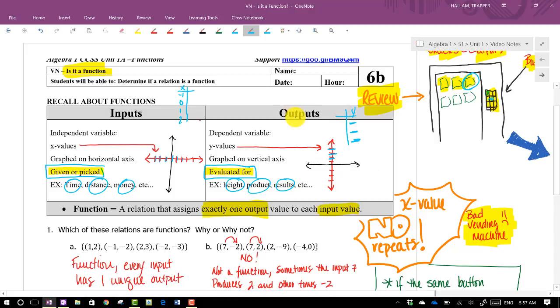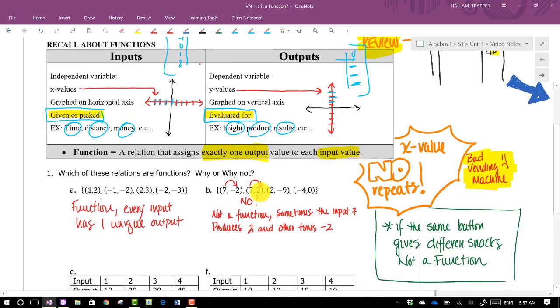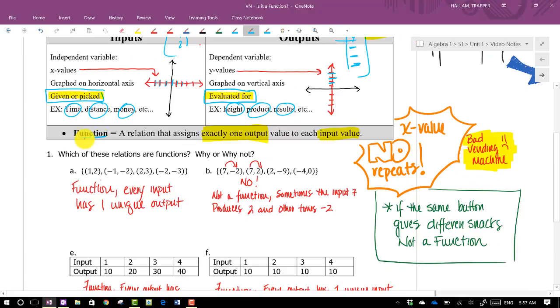Now that we understand what things are going into our function and what things are coming out and what they mean, you can see that we can make a table from them if we combine the two, which makes a set of ordered pairs. Here's what we're looking to do today. A function, not a relation, is a relation that assigns exactly one output, meaning one snack, for each input value or button combination.